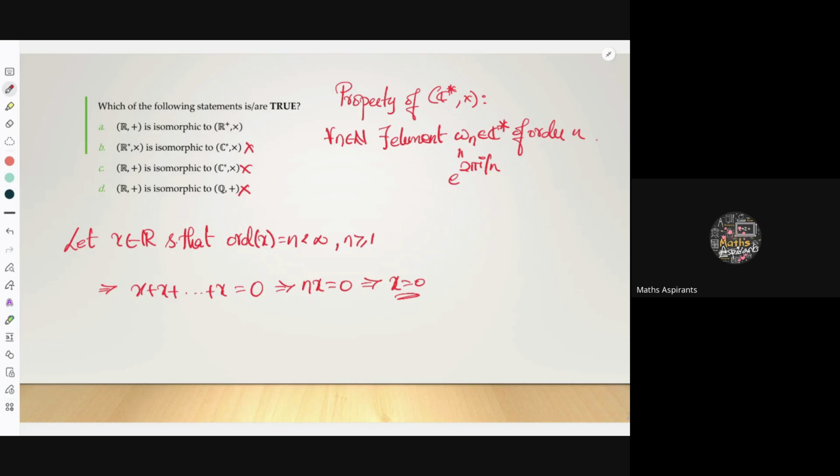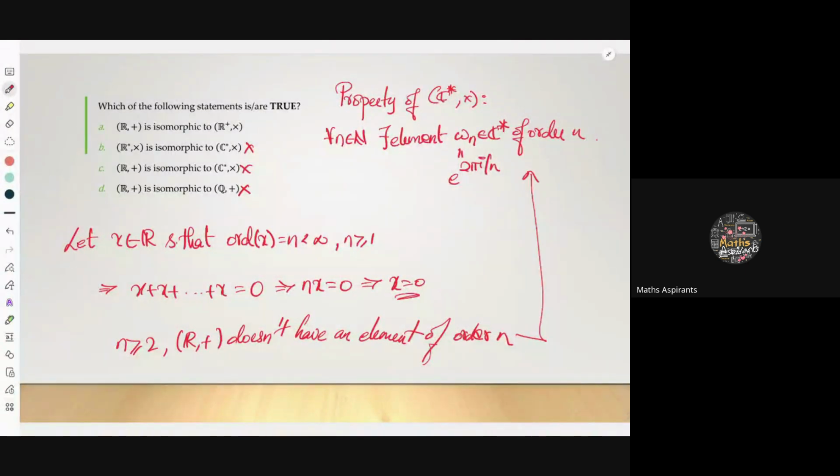So the only element of finite order in R plus is the identity 0. So for any n greater than or equal to 2, R plus doesn't have an element of order n. So what does that give? Basically with these two things, you can actually show that they can't be isomorphic.